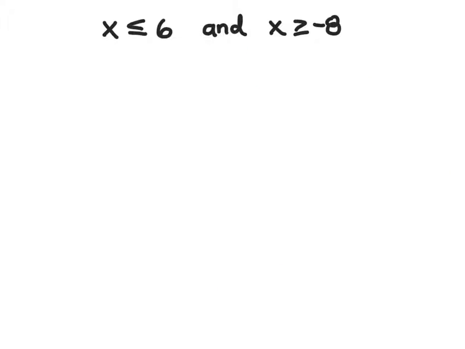In order to determine the solution to this compound inequality, the first thing we would want to do is graph both inequalities on the same number line, so that we can see each inequality separately. I'm going to graph x is less than or equal to 6 in blue.